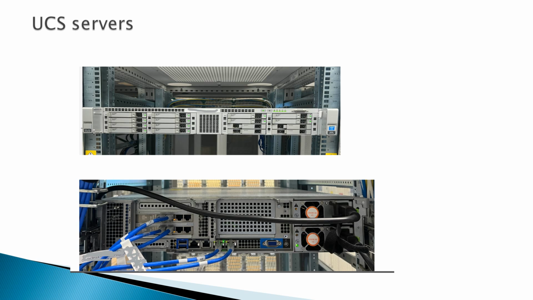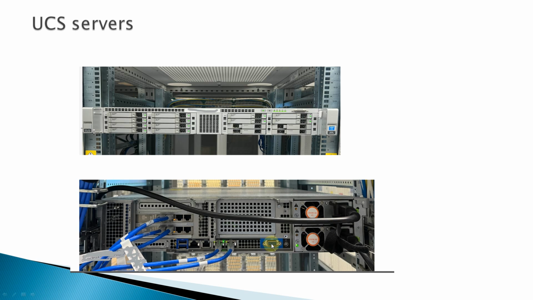And this is one of the UCS servers in one of the server racks. So this is the front panel. Here you can see the hard disk. This is the console port, right? And this is the backside of your UCS server.